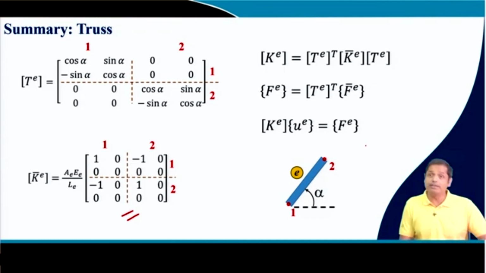We'll implement all these steps manually just for a better comprehension of those steps. Once we have done this, the same exercise we do manually, we will do through a computer code. We will write that computer code, see different aspects of it, and then solve a large problem with more elements and more degrees of freedom.